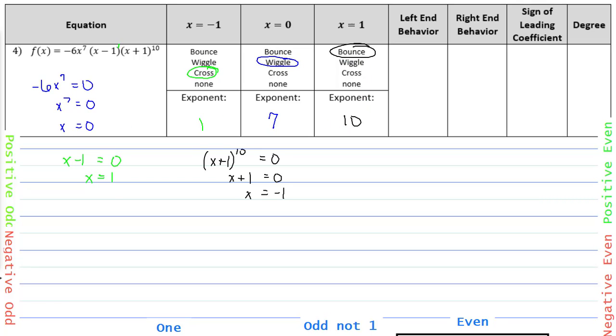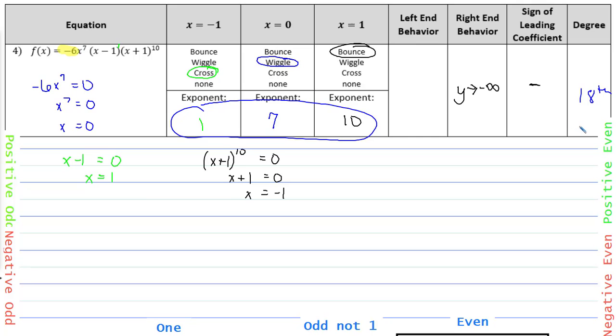And so I'm going to look at my leading coefficient. That -6 is negative. So the sign of my leading coefficient is negative. My right-hand side is going to match. I find the degree by adding up all my exponents. So 8 plus 10 is 18.